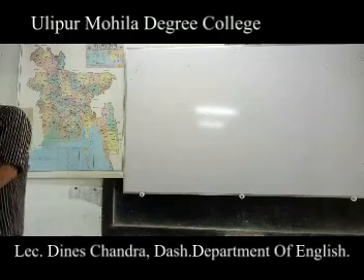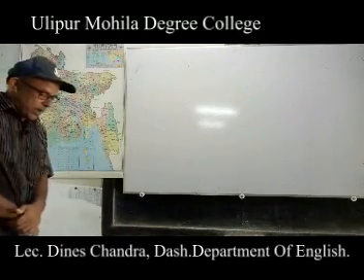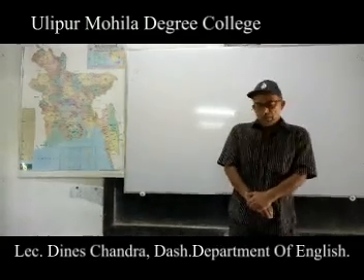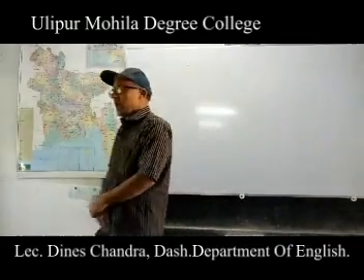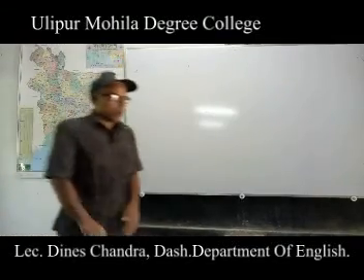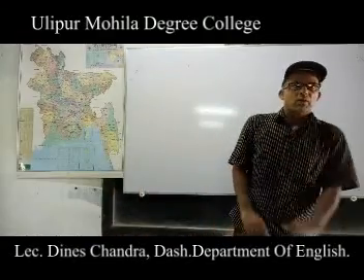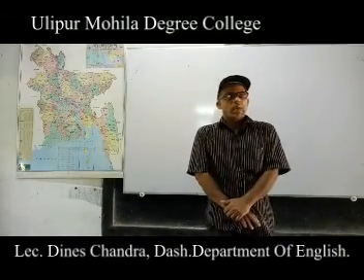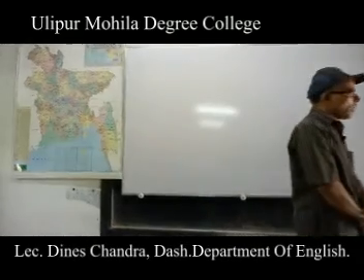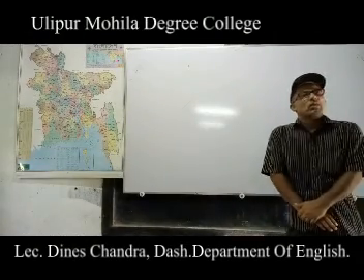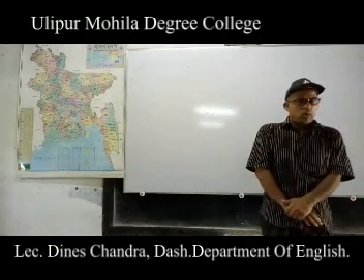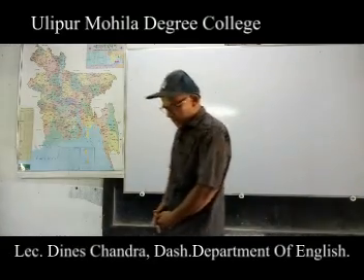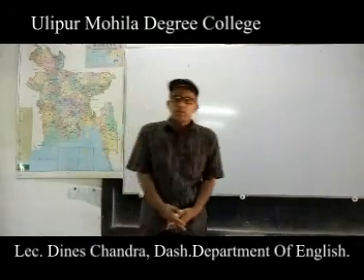I want to explain something that is very important. You have to learn it. You know persons are 3 kinds: first person, second person, third person. First persons are I and we. I is singular and we is plural.